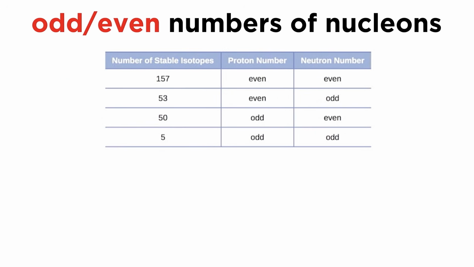In addition to this preferred ratio, we can see that nature prefers to have both protons and neutrons present in even numbers, as 157 out of the total 265 have even numbers of both, and only 5 of these nuclei have odd numbers of both protons and neutrons.